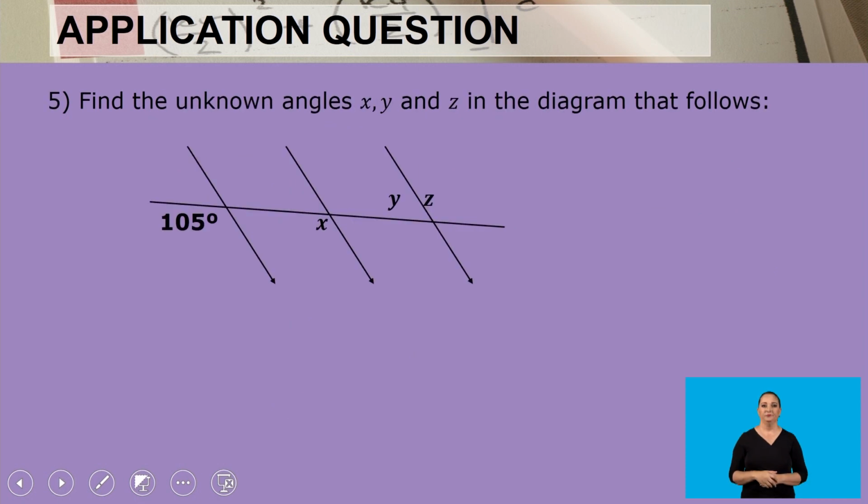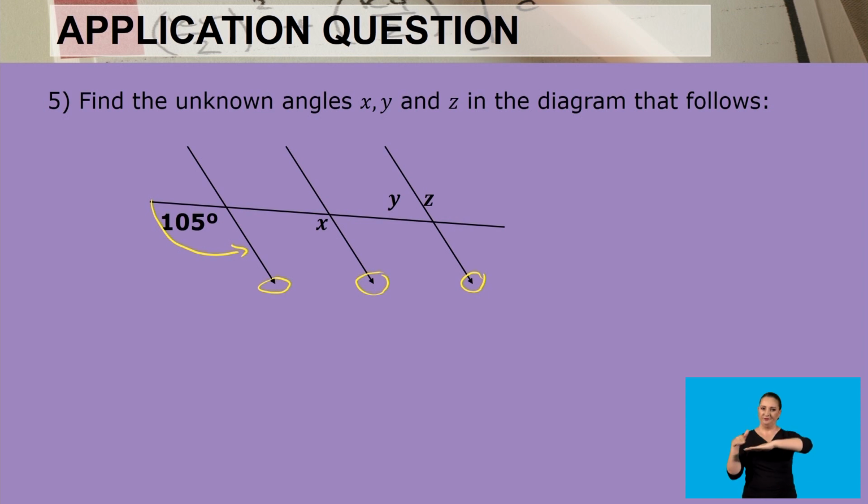Let's look at the next question, which is find the unknown angles X, Y, and Z in the diagram that follows. We are only given this symbol that says these three lines are parallel, and we are only given that angle there.